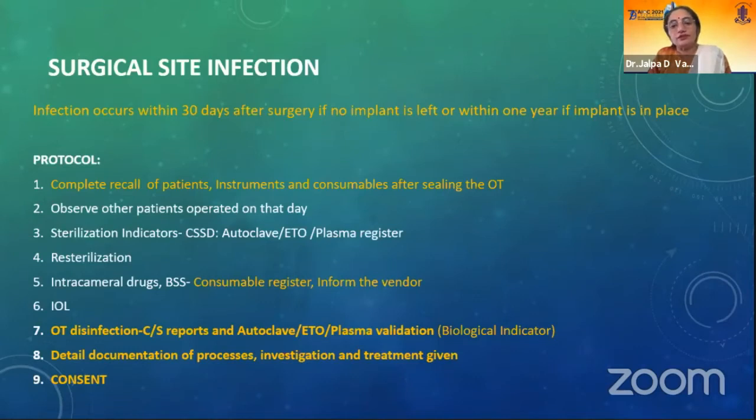Finally, OT disinfection, OT culture reports, validation of sterilizers with biological indicator is also required. The entire process must be documented properly, and also make a detailed note of investigation and treatment given to your patients. Now make sure that your consent is complete and duly filled.